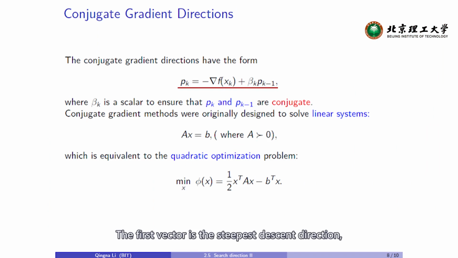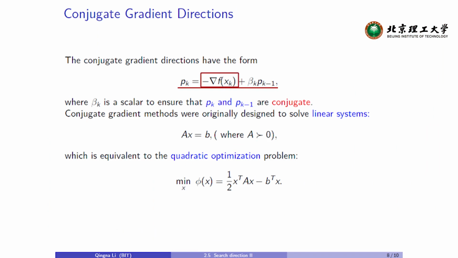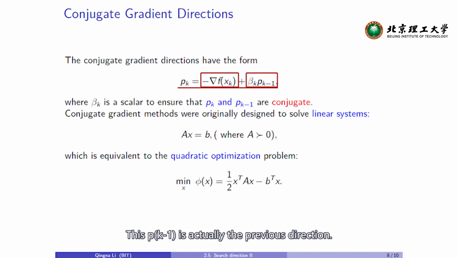The first vector is the steepest descent direction, which is related to the gradient. The second vector involves p_{k-1}, which is the previous direction. Recall that we have the current direction p_k, so p_{k-1} is the previous direction. So this update is a combination of the previous update direction and the current gradient direction.